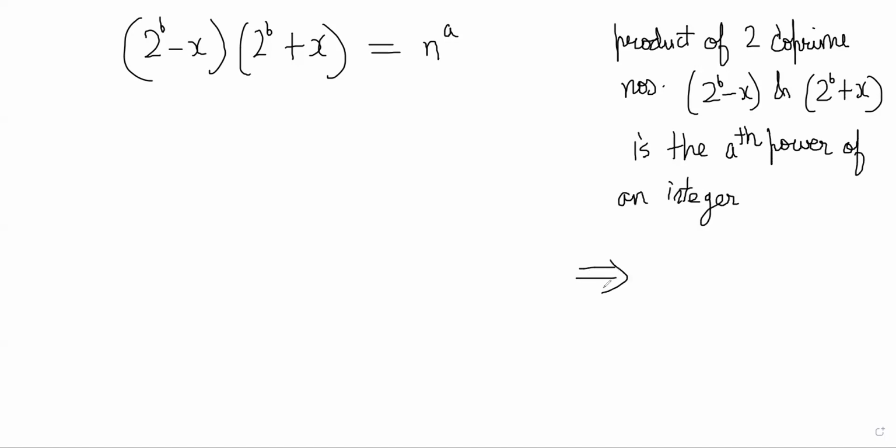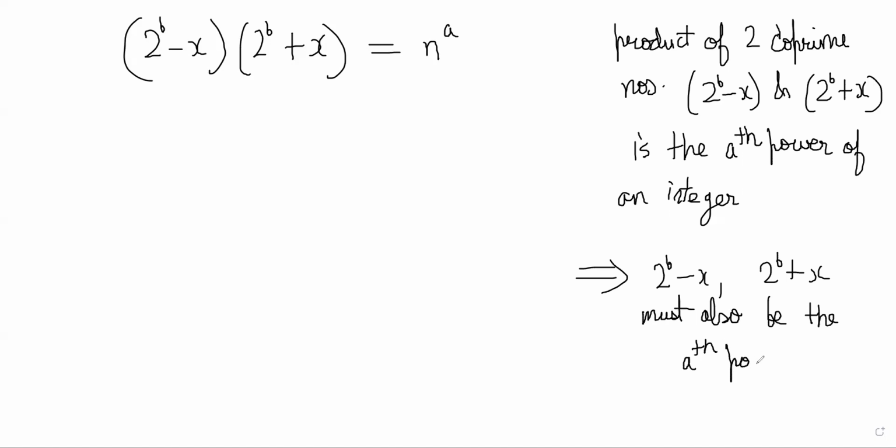So that implies that the numbers 2^b − x and 2^b + x must also be a-th powers of some integers. This property I have proved in a previous class, and we are going to use that now.